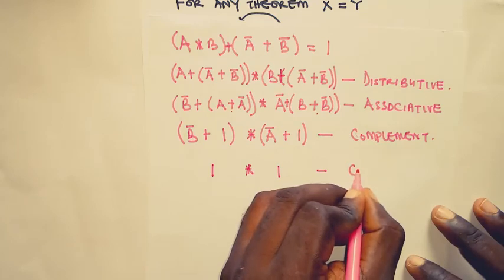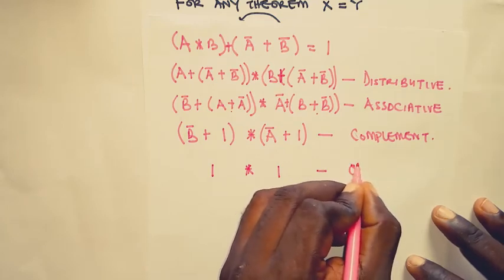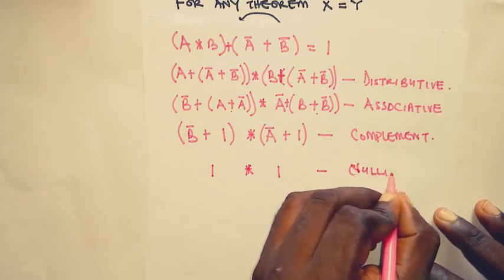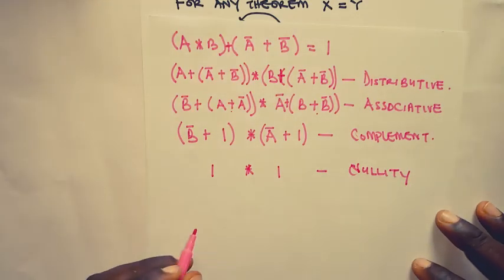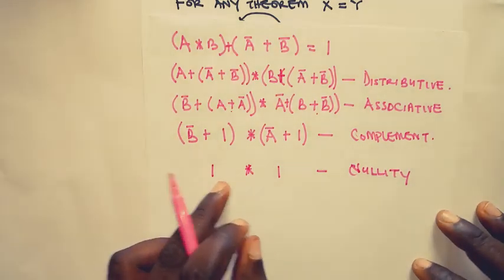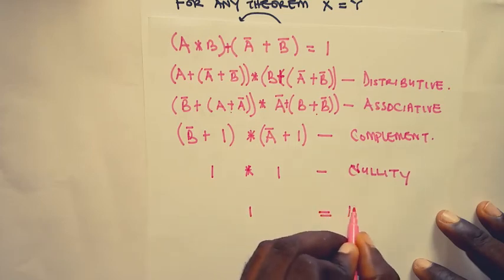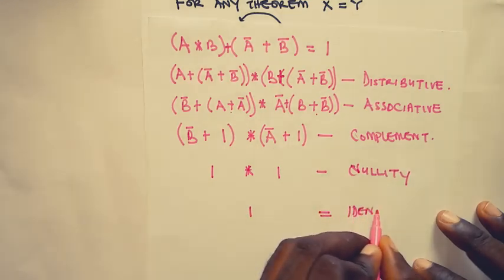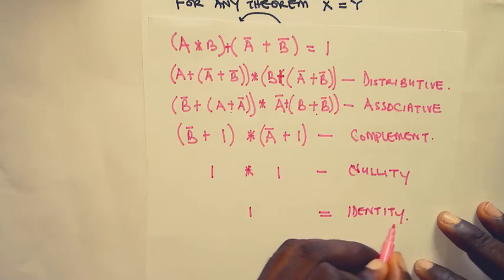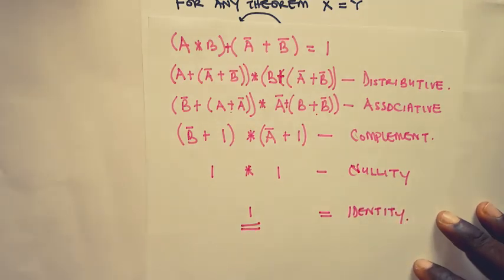We call this the nullity law. And then by identity, when you multiply 1 by 1, you're going to get 1. We call that identity. So that is our final solution.